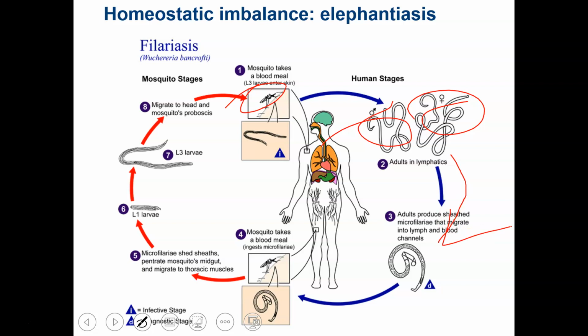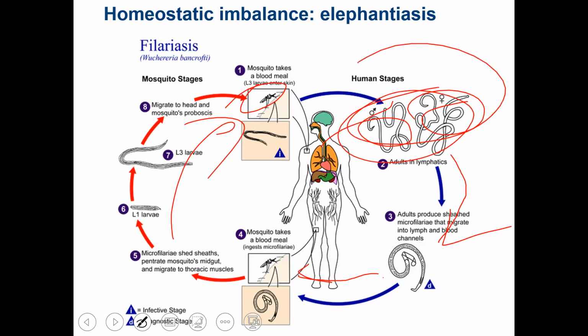They produce these microfilariae, they migrate into the lymph and into the bloodstream. There's a mosquito biting you again, ingesting that microfilariae, which we're not going to get into the parasitic life cycle here, but there you go.